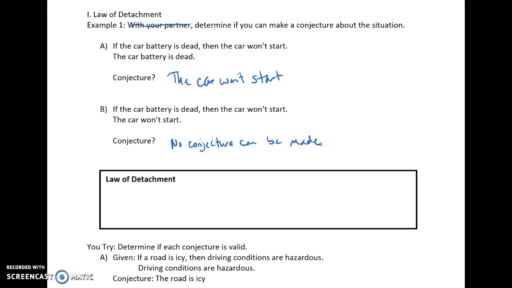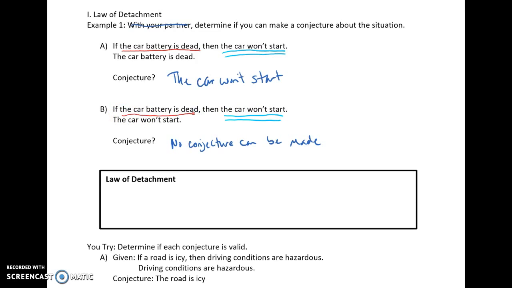All right, so now I want you to go back and look at what is the big difference between A and B. Well, if you look, our conditional statements are the same, right? We have the same hypothesis and the same conclusion. The car won't start is our conclusion. The car battery is dead is our hypothesis.